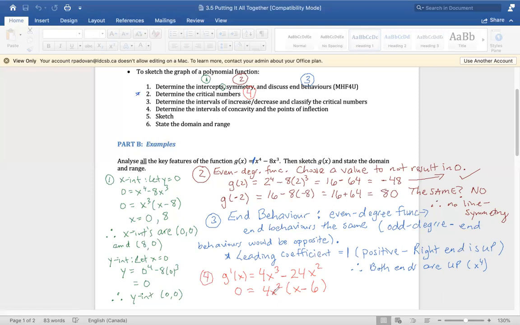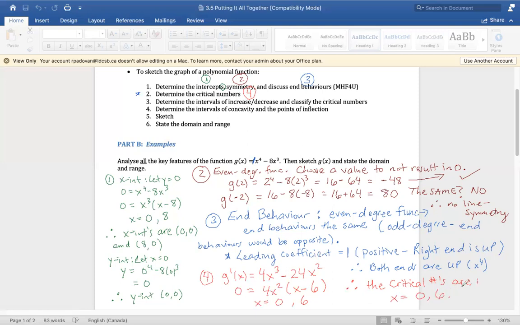Therefore, x equals 0, and x equals 6. So the critical numbers are x equals 0 and 6, in numerical order.